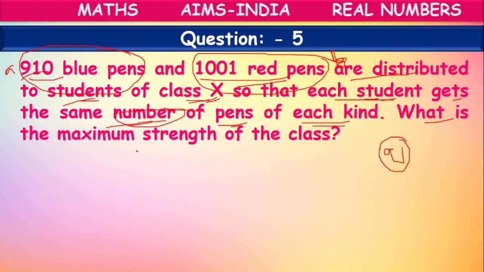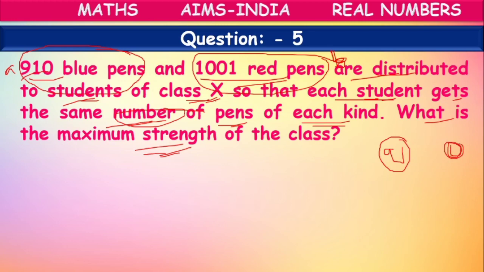So what is the maximum strength of class? They are asking maximum strength of class. We have some numbers like 910, 1001. We have distributed the same number, means each student got the same number of pens, means all pens are distributed. Nothing is left. After distribution, the remainder is 0.